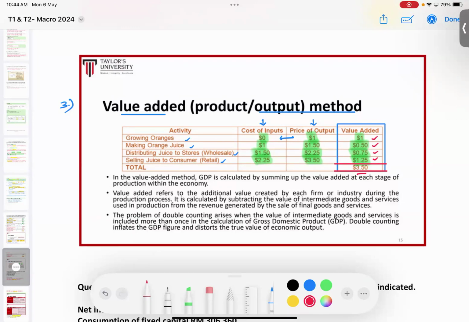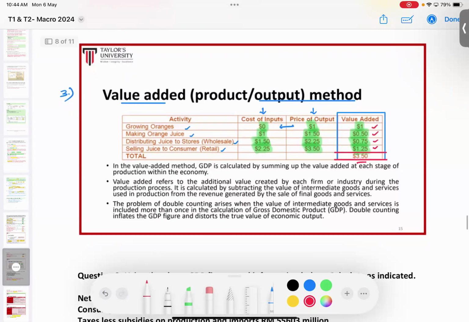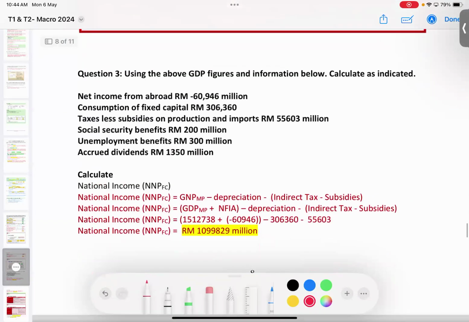I put this here for you to read, for the value added part. Okay, so this is the question that shows you the calculations of the three approaches. Now we look into the next one.